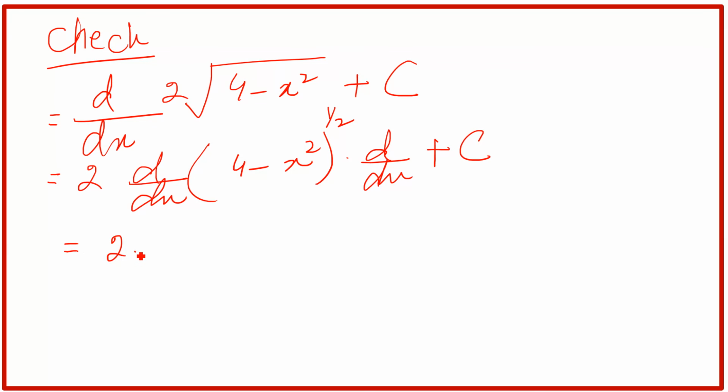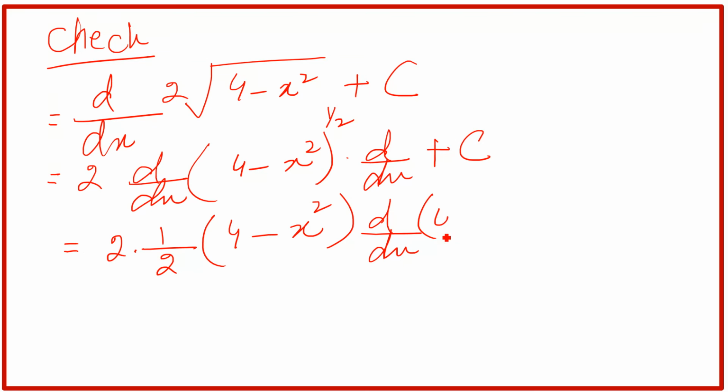So 2 times 1 over 2, because this power will come here, 4 minus x square, and then we have to take the derivative of this. Constant is 0, this 2 will cancel this. It is 4 minus x square.